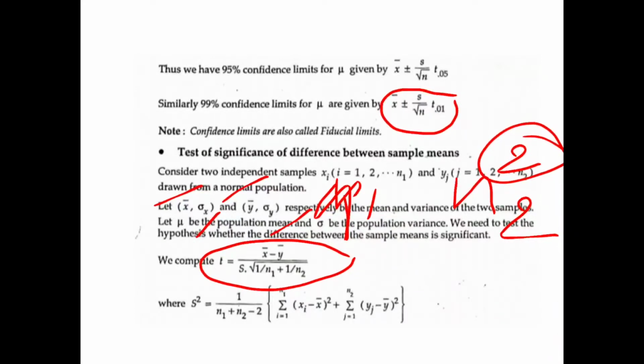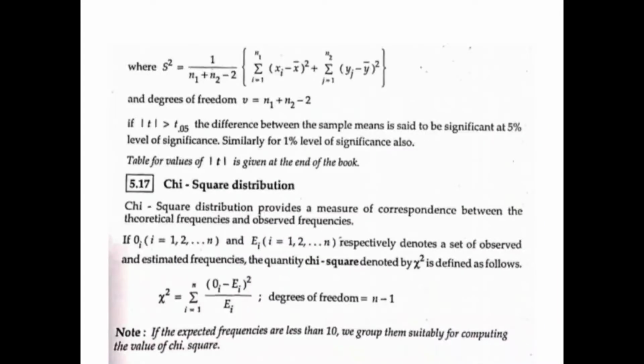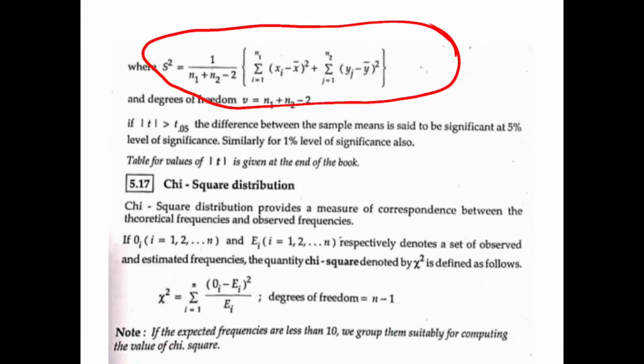And remember, the formula for s square is a little lengthy. You have to substitute the values here. n1, n2 are the sizes of the samples, but the internal part you have to calculate and then simplify. Understood? Calculating s square is the major thing you have to concentrate on under the t distribution for both the sample mean and difference of sample means tests.